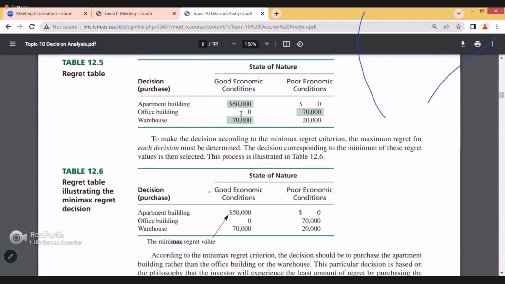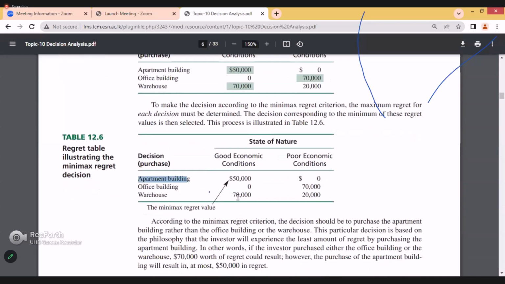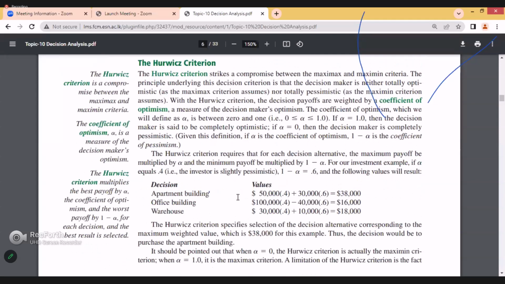Then we have to look into the lowest one, the minimum one on each condition. So good economic condition, minimum one is 50. Poor economic condition, minimum one is 20. Out of this 50 and 20, maximum is 50. Going for apartment building, or purchasing of apartment building, has to be the decision. That's how the regret criterion works.